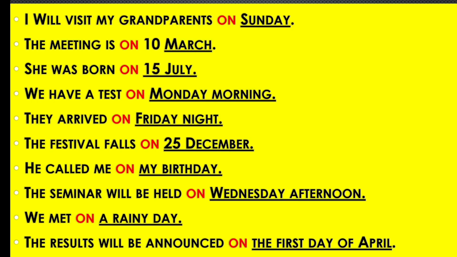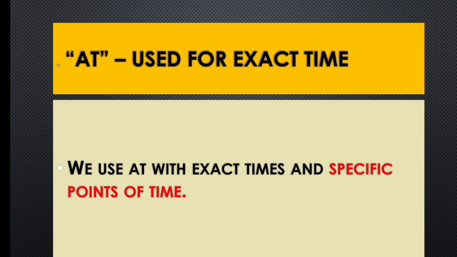I hope all my dear students have understood how to use the preposition of time on. And last, how do we use the preposition of time at? My dear students, we have to use the preposition of time at when we are talking about exact time. I'm repeating it once again.